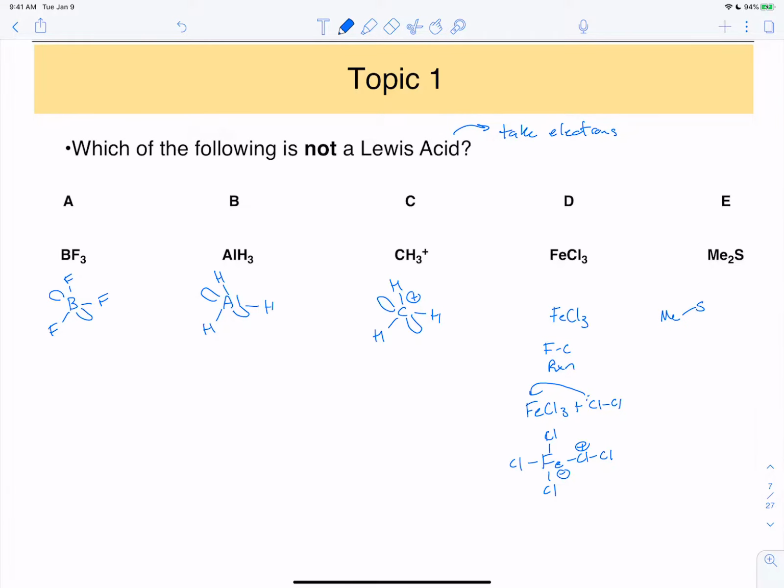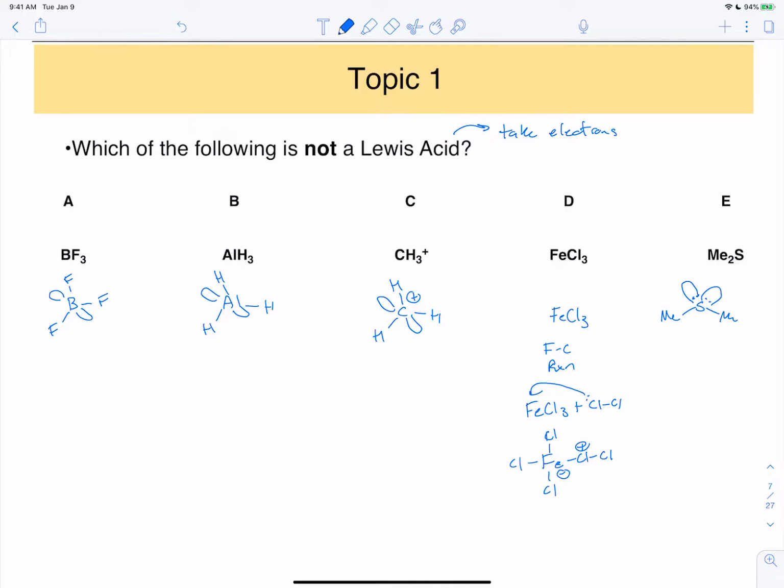The last example is dimethyl sulfide. So dimethyl sulfide doesn't really have any electrophilic groups. It has two lone pairs on the sulfur. So the closest analog we may have is something like an alcohol or an ether, and alcohols are frequently used as nucleophiles.